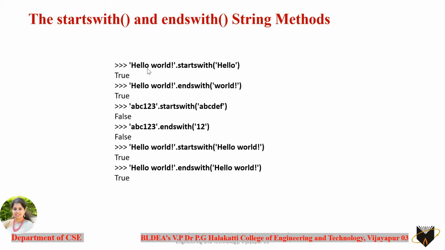In this example, "hello world" is the string on which you want to check whether it starts with the parameter "hello". It will check whether the string starts with this hello or not. If it starts with the same parameter given to this method, then it will give the result as true.